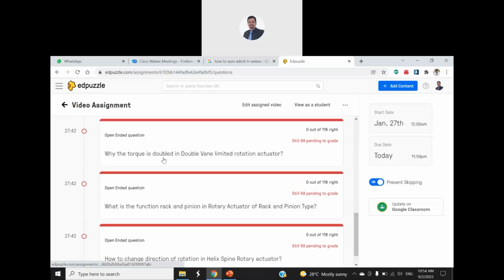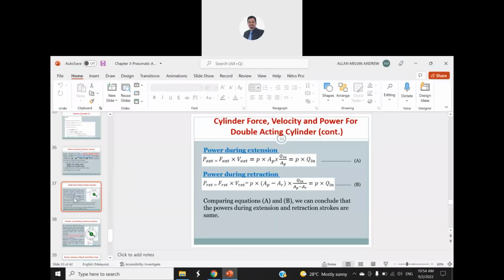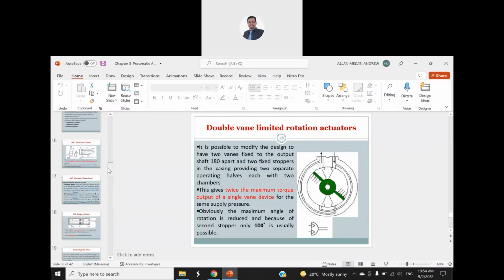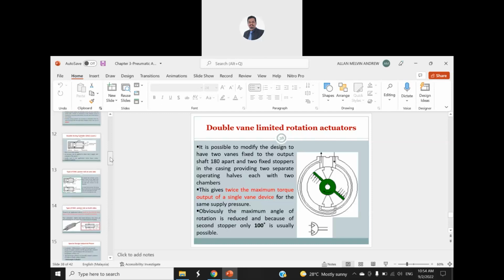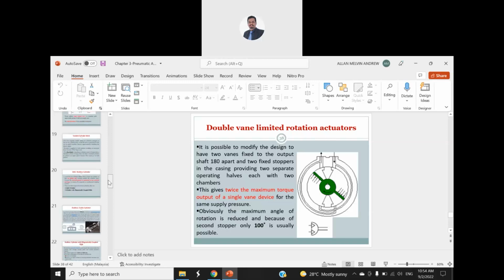Why is the torque double in a double vane limited rotation actuator? Is it because it has double the piston? This is similar to the tandem cylinder, if you still remember, from the previous lecture.